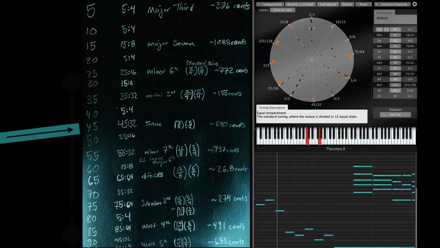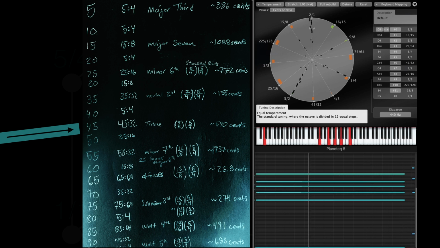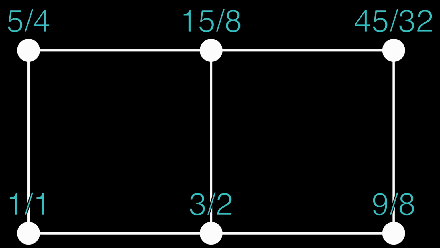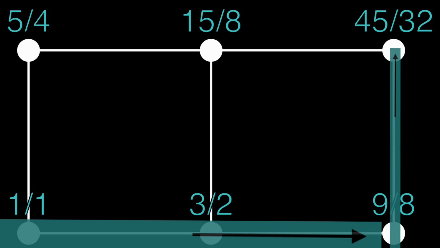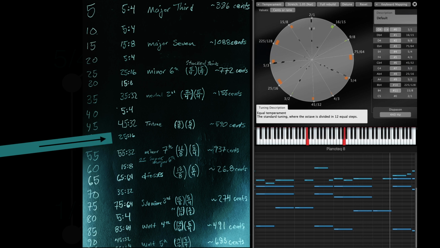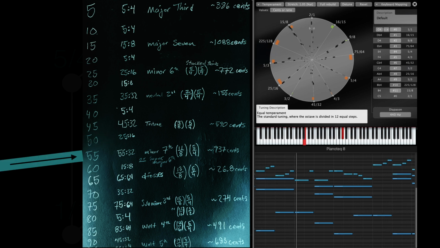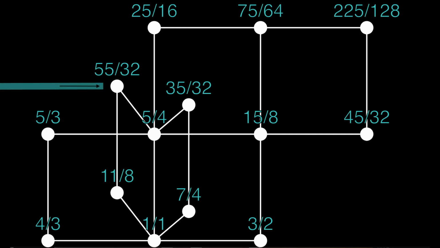45 gives us the 5-limit tritone. That is a pure third above the whole tone. So if we go up to the 9th partial and above it, we place a major third, that will be 45 over 32. 50 will, of course, reduce back to our 25 over 16, 25th harmonic. 55 is another now unique interval, which is formed by the major third above the 11th harmonic.